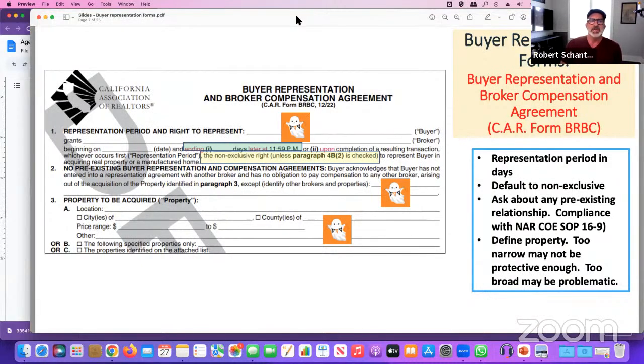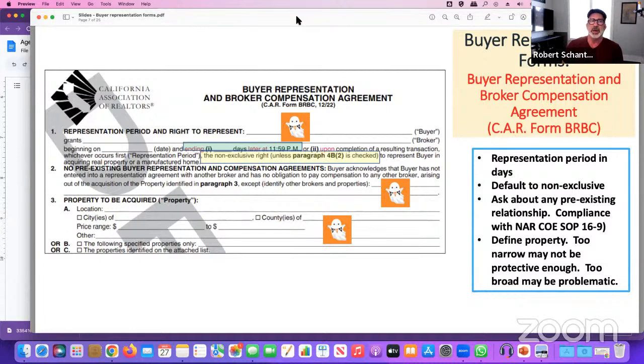Okay, section 1 is the representation period and the right to represent. Now, in most of your contract forms, it gives a time period. Like, what is today, March 27th through September 27th is what most people will put on maybe a listing agreement or the older DRE. This form actually gives the period of representation where you insert buyer at the beginning.